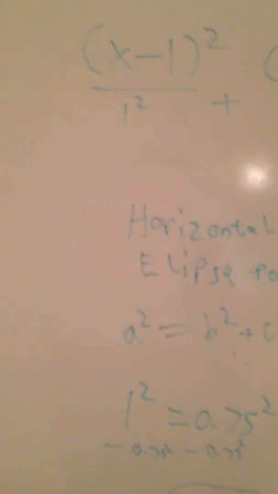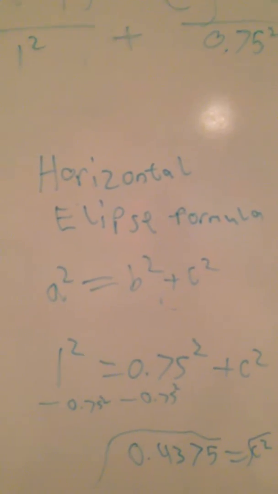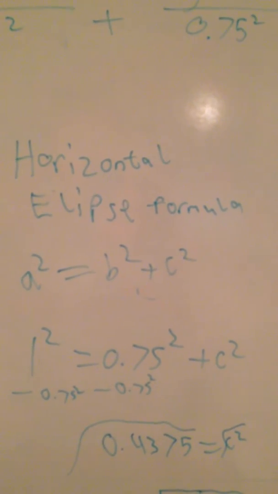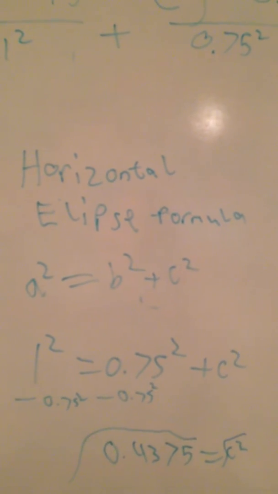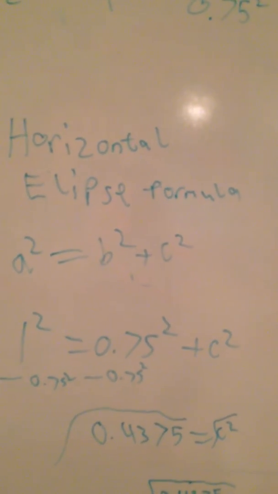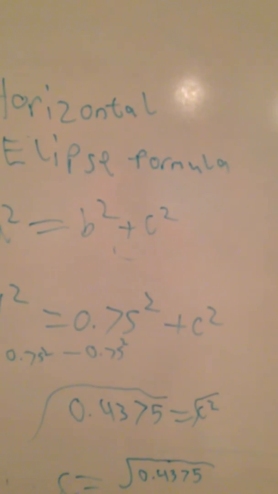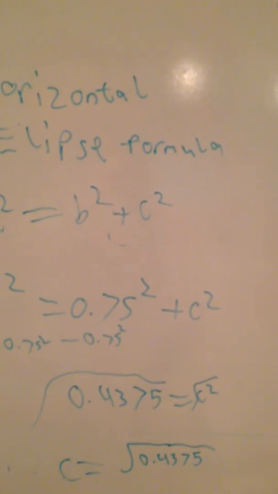So we plug in the a value and the b value. So 1 squared is equal to 0.75 squared plus c squared, because a was 1 and b was 0.75. So subtract 0.75 squared from 1 squared, and 1 squared is just 1, and that is equal to 0.4375.